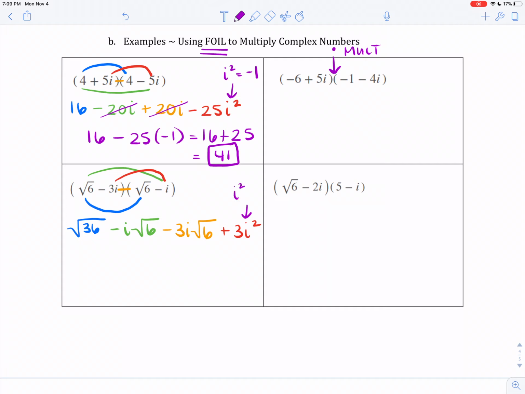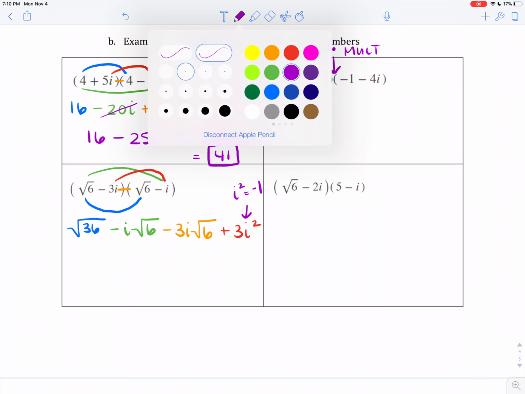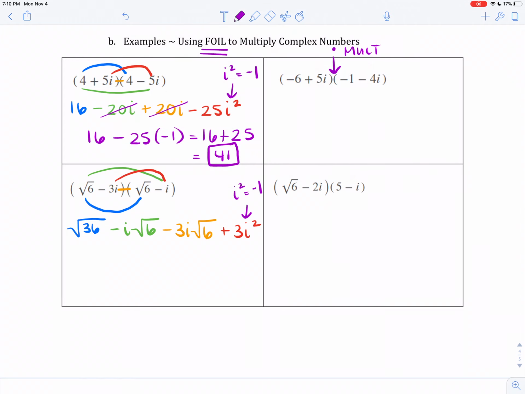Now when I get ready to simplify, I'm going to remember that i squared is equal to negative 1. And so simplifying, the square root of 36 is 6. Now notice I can combine these two radicals because they're the same radical. They're both the square root of 6. So looking at essentially their coefficients, negative i minus 3i is going to be negative 4i.